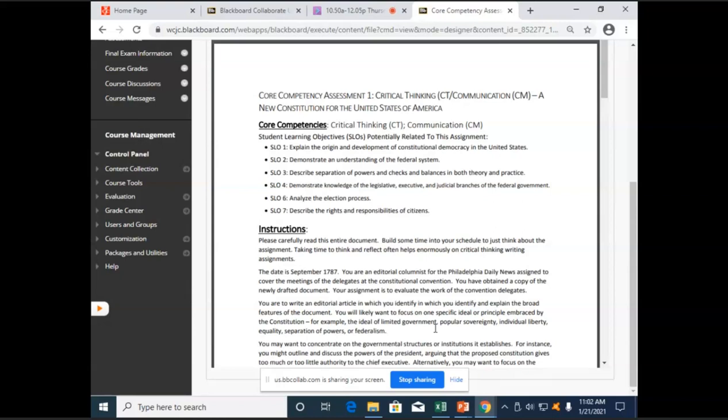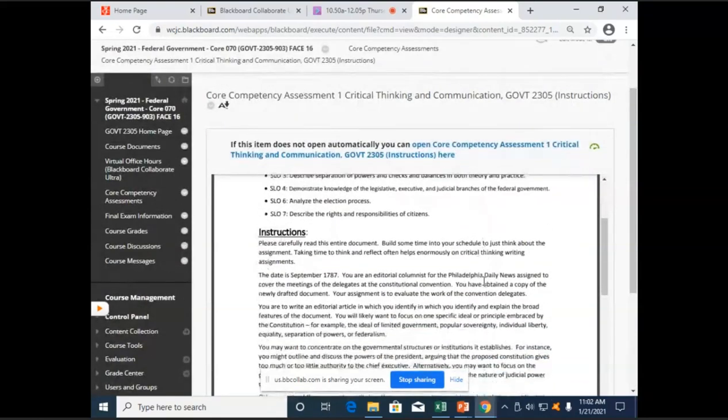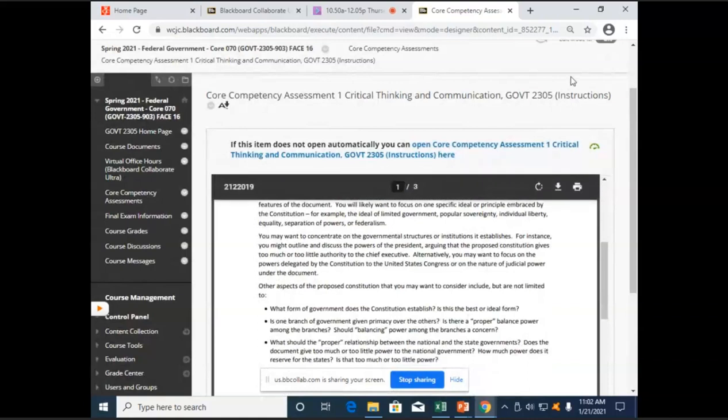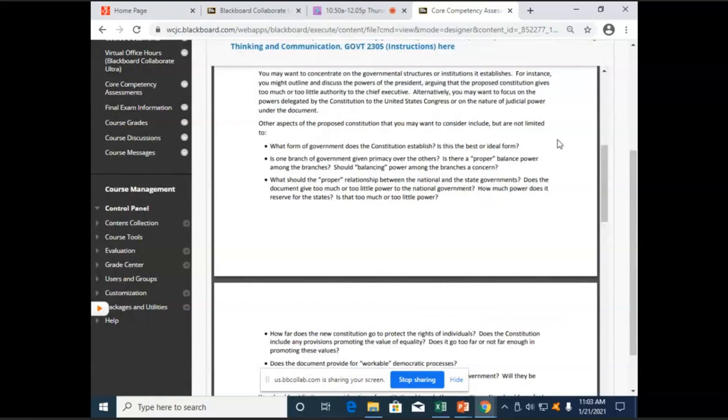The other question I had around that was normally when I've written essays before, I've just concentrated on one argument as the title, whereas on here it mentions looking at different areas. In terms of how we structure that, are we looking at more than one argument? You can take a broad approach, for those of you who haven't read the instructions document yet, it may not be clear why I say it this way. You can give your reader a broad understanding of the Constitution and its principles, or you can focus on one specific principle of the Constitution.